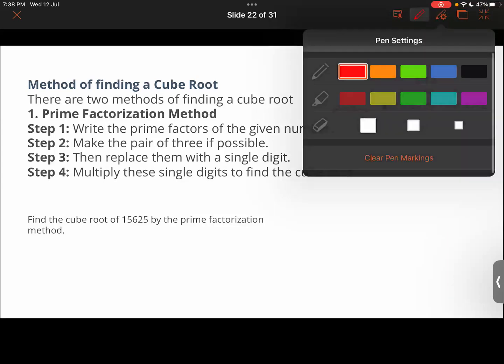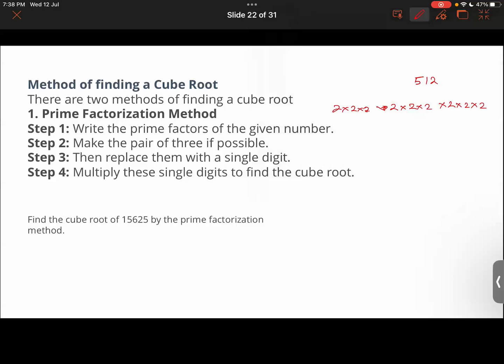So this is the prime factorization of the number 512. Here we are taking triplets. Take out 1 prime factor from every triplet, and you get the answer to be how much? 8. So that is simply the method of prime factorization. Using this, you can find the cube root of a given number.